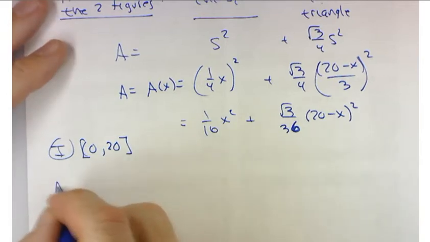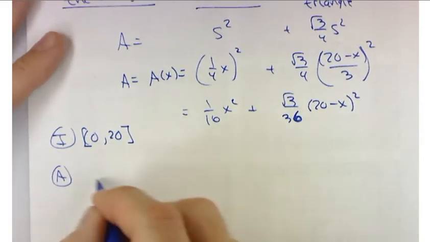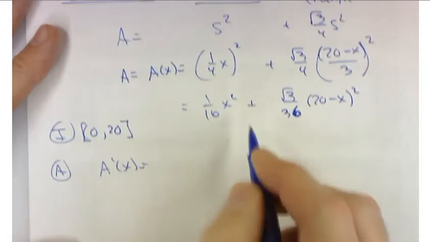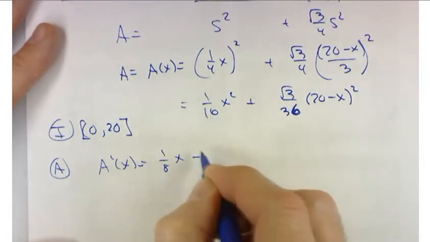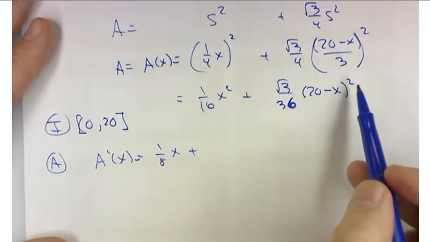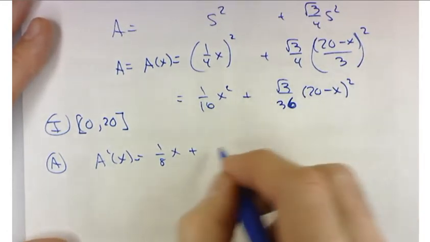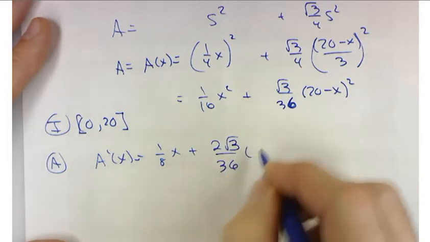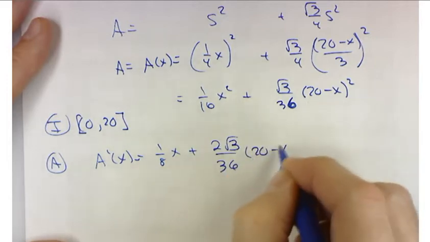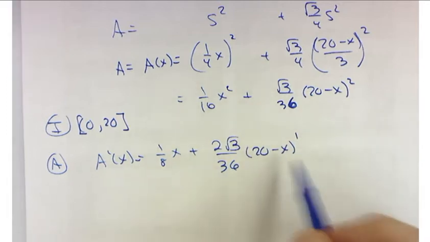So for A prime, 2 times that's going to give me a 1/8 x plus, bring the 2 out in front, 2 square roots of 3, that'll cancel into the 36, 20 minus x to the first power times negative 1.